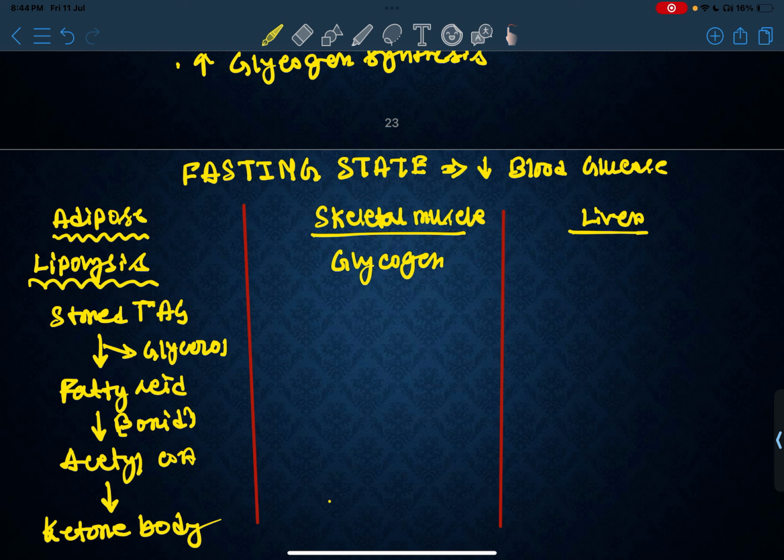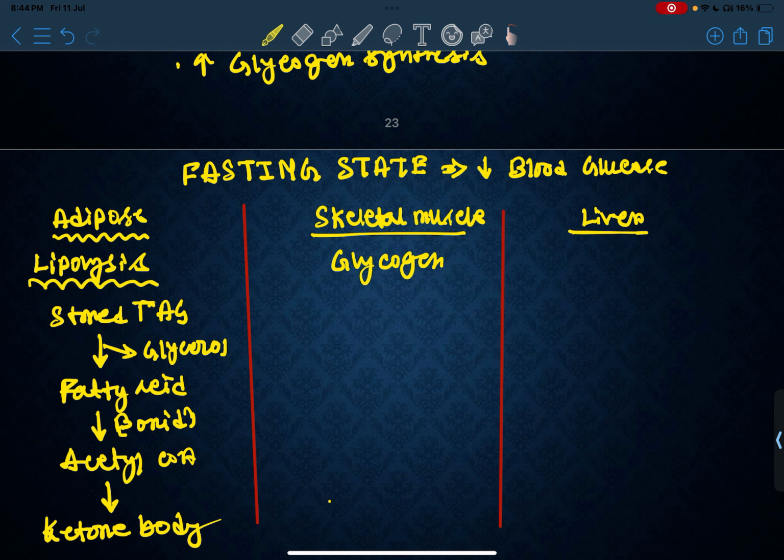This alanine goes to the liver, and in the liver this alanine is converted to glucose and released into the blood. So there is no direct release of glucose from the skeletal muscle.